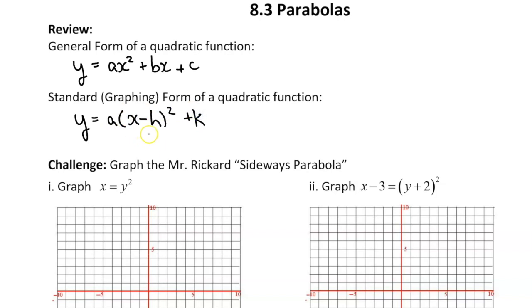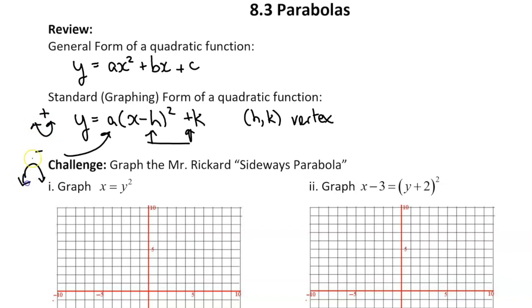And the point (h, k) would tell us the coordinates of our vertex. And the a value would tell us whether we have a parabola that opens up if it's positive or opens down if it's negative. And then it would also tell us if we have some sort of vertical expansion or vertical compression.